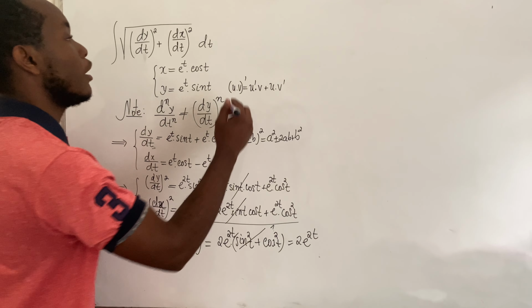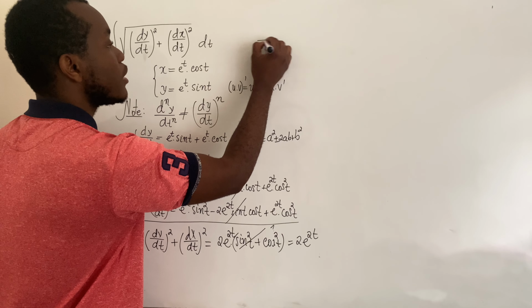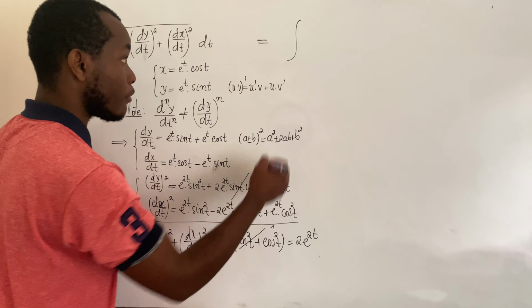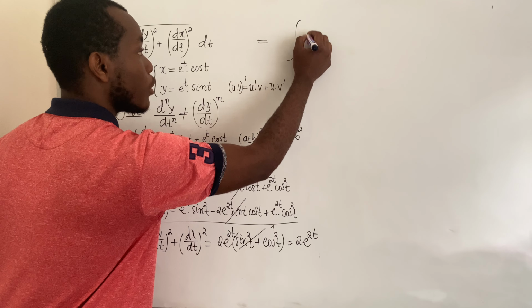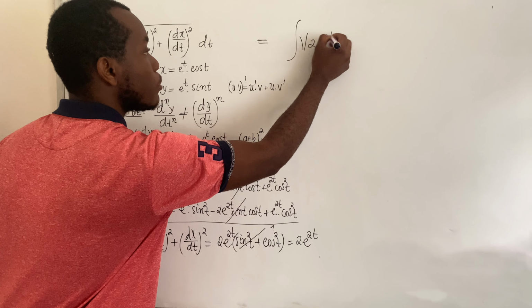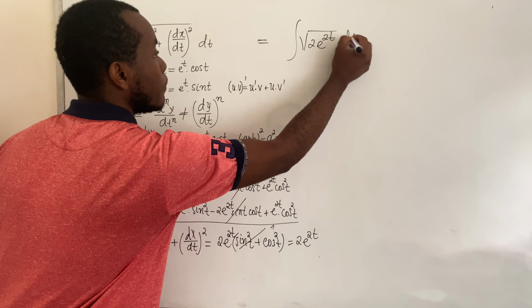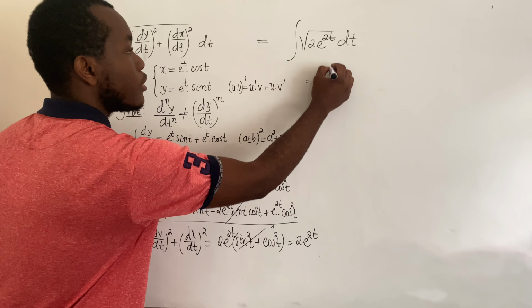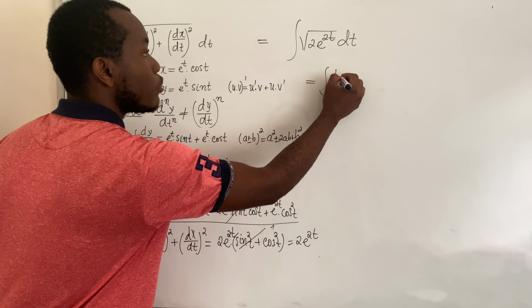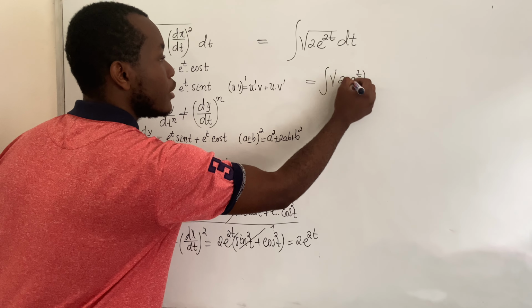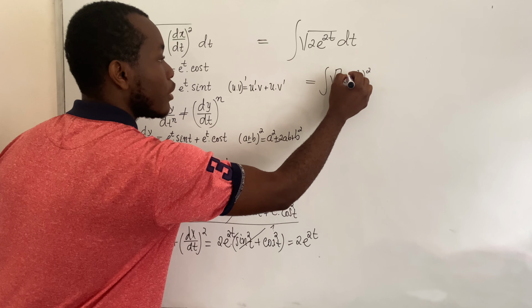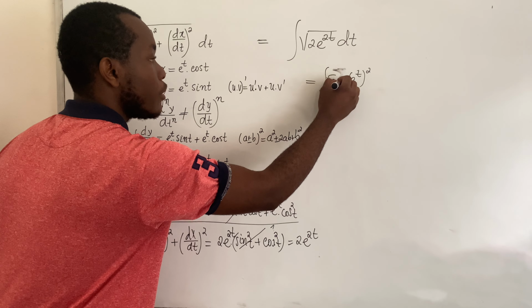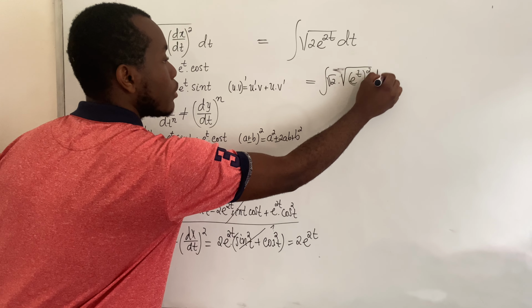So this integral will be the same as calculating the integral of the square root of 2 Euler to the power 2t dt. This dt is the dt outside here. This is the same as the square root of 2 times Euler to the power t, squared, and we can separate the square root, each one with its own square root: 2 with its square root and Euler with its square root.